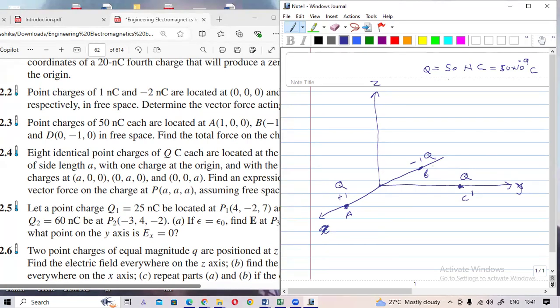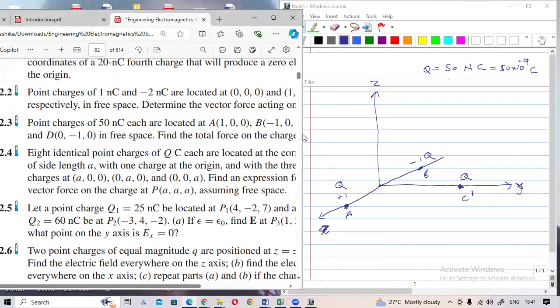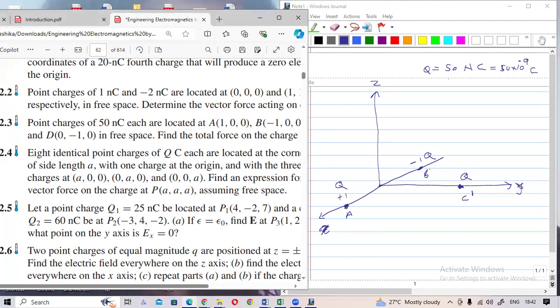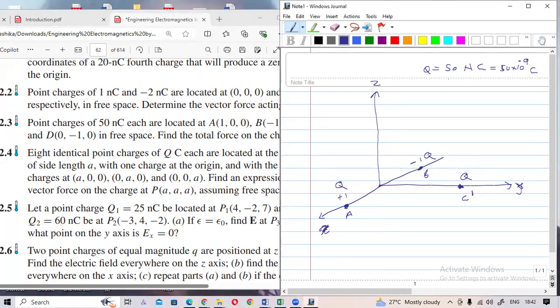Now you are asked to find the total force on charge A. Due to this Q, there is a force on this Q in this way. Let's say that is force F1.